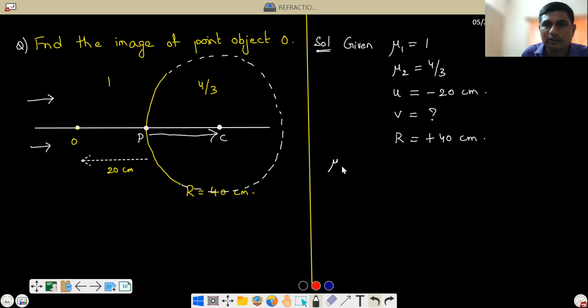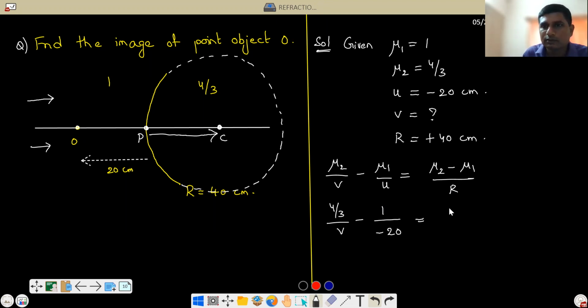So now we have the formula. Mu2 by V minus mu1 by U is equal to mu2 minus mu1 by R. That's all. Okay. So what is mu2? 4 by 3V minus what is mu1? 1 by U, minus 20, is equal to mu2, 4 by 3, minus 1, by R. R is 40. So therefore 4 by 3V, this is plus 20.